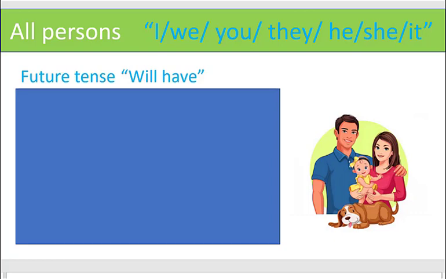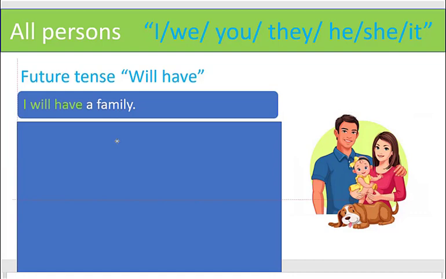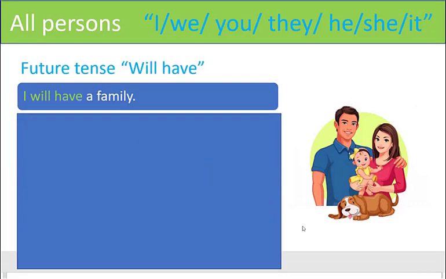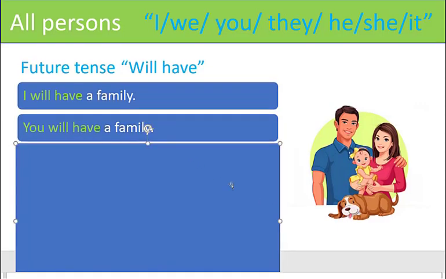So let's have a look. I, first person, will have a family. You, second person, you will have a family.